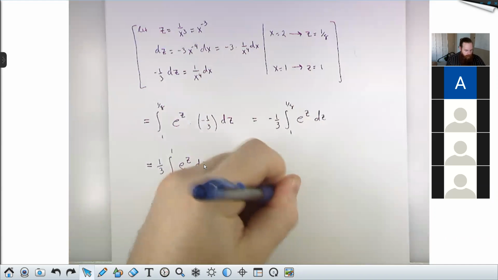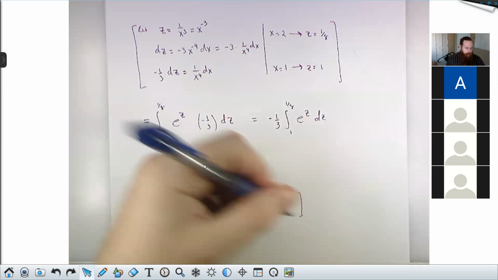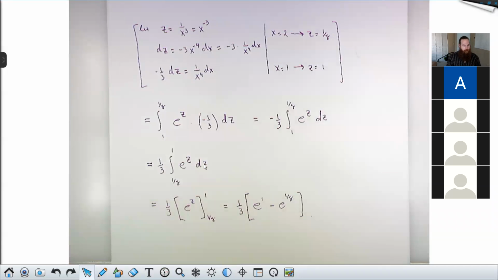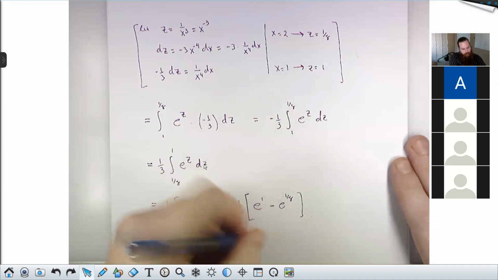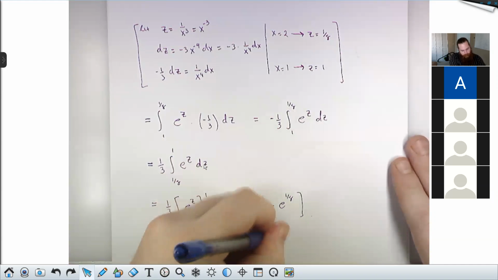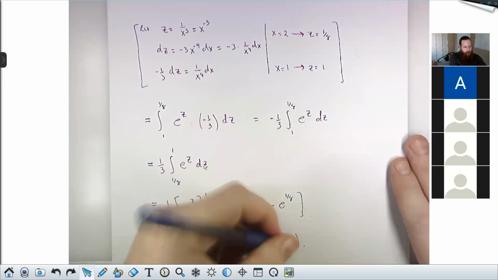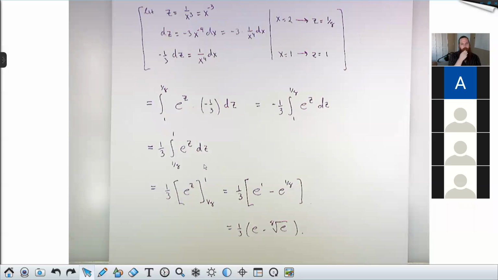That's e to the 1/8. And we're done. Of course, e to the 1 is just e. e to the 1/8 you could write as the 8th root of e if you really wanted to. So either of these would be just fine.